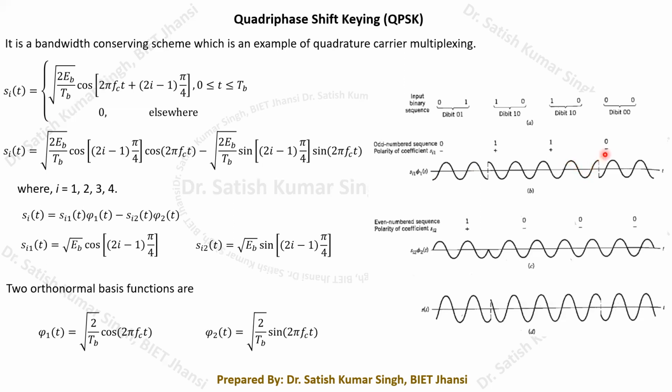Here we get a negative sign because the odd number sequence is 0, so this negative makes a 180-degree phase shift, and we get this particular signal. This way we have got the odd numbered sequence signal Si1(t) of phi 1(t).